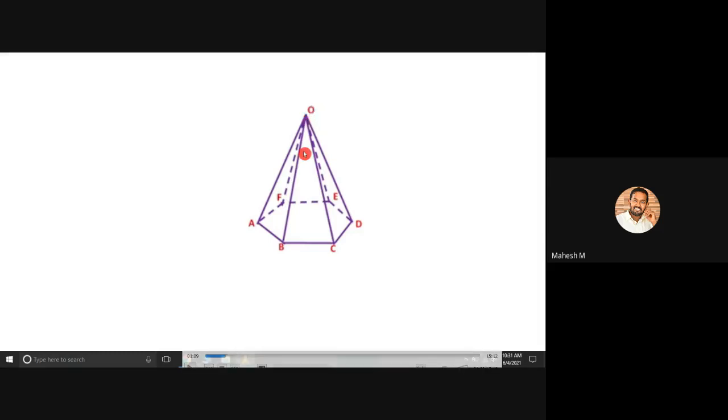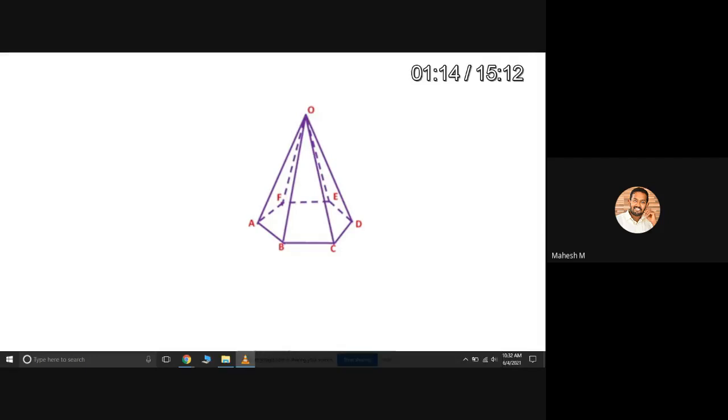So if it is a hexagonal pyramid, we can say that we are having 6 triangular faces. Similar to our prism, in a hexagonal prism, you'll be having 6 rectangular faces. In a hexagonal pyramid, you'll be having 6 triangular faces. Okay, so this point can be called the apex point, and it can be marked as O.